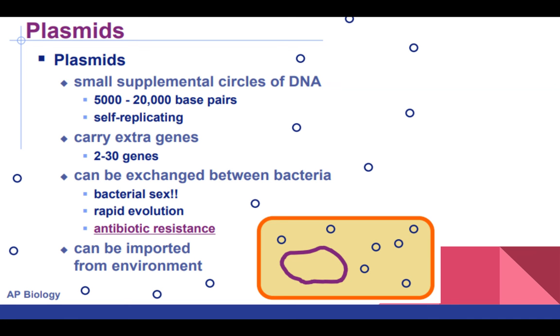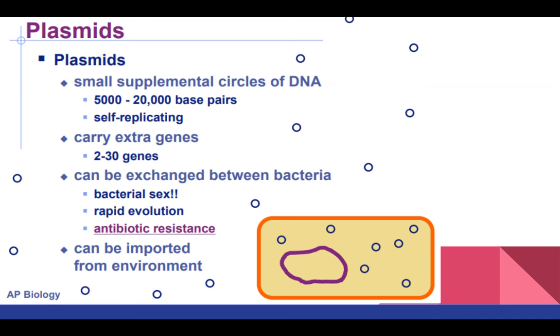They do copy themselves just like the big circular chromosome does, so they get passed on to the baby bacteria as bacteria go through binary fission. And these plasmids are also the pieces of DNA that are most easily exchanged between one bacteria and another. And we talked about a couple ways that that can happen yesterday.